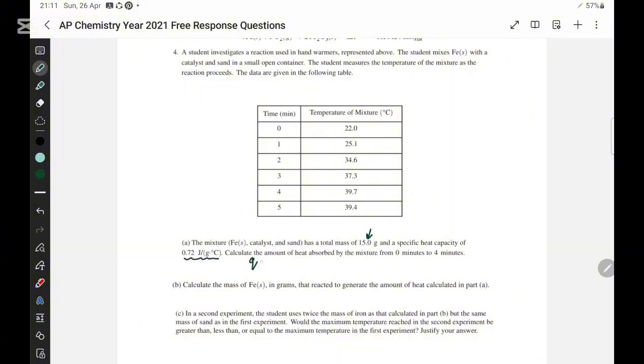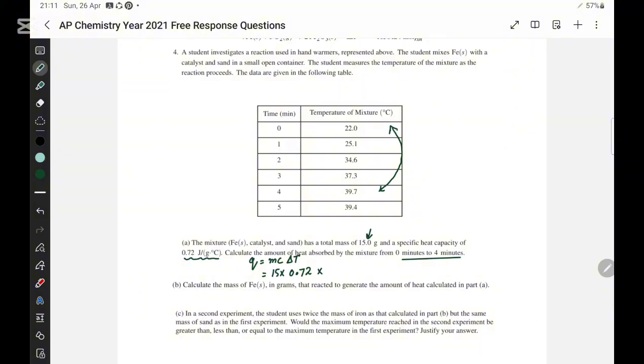So we are going to use Q equals mc delta T. M is the mass, which is 15 grams, while the specific heat capacity has been given to us, that is 0.72. Delta T for 0 to 4 minutes, from this point to this point.